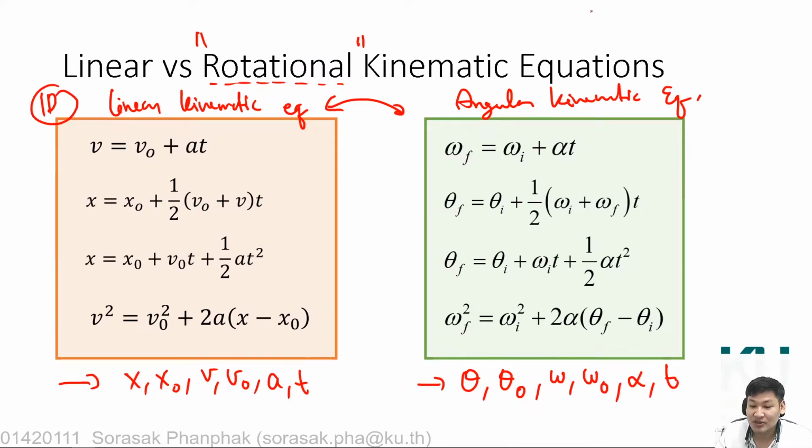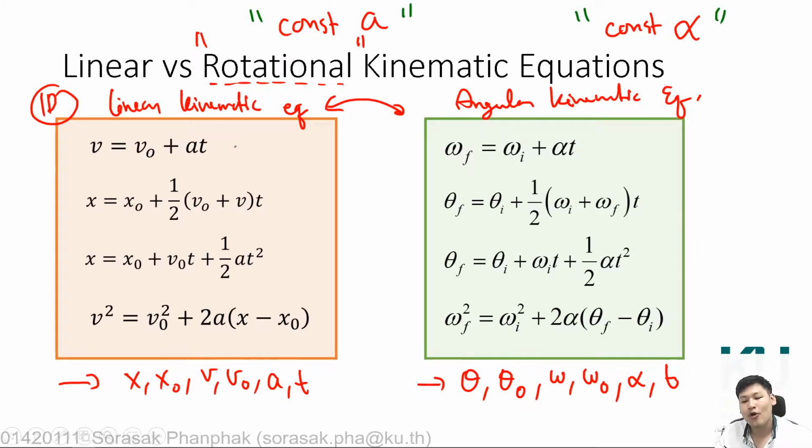So now you consider constant acceleration. For the rotation, you have a constant alpha, but for the linear case, you have constant acceleration. This is the case you're looking at, and you can apply the four major kinematics equations to solve the problem.